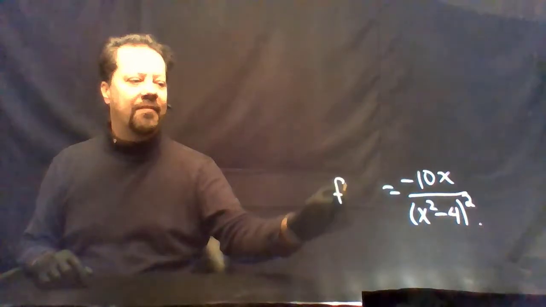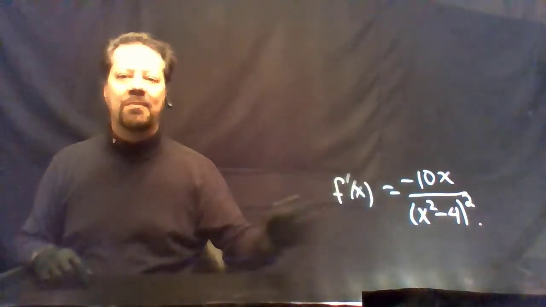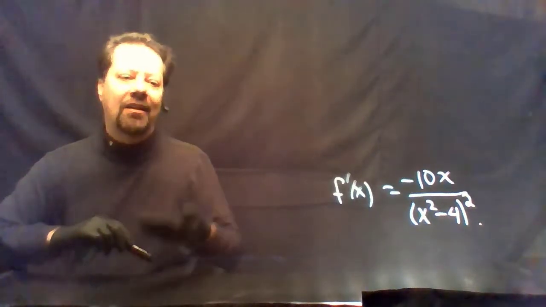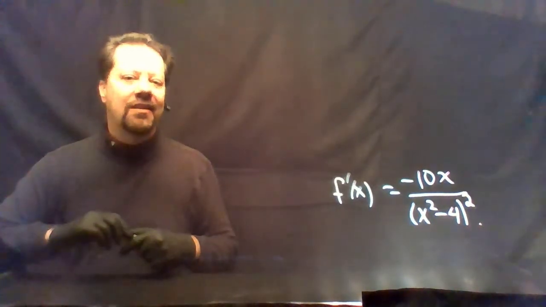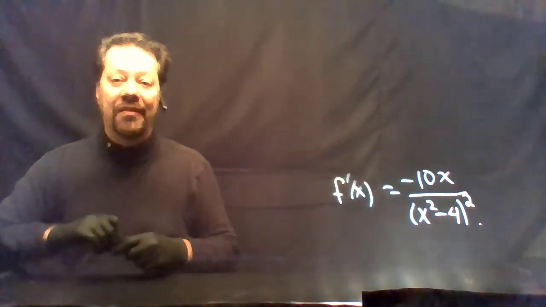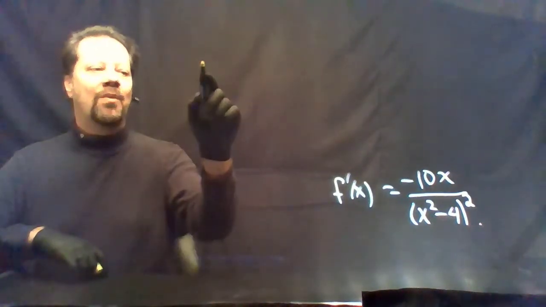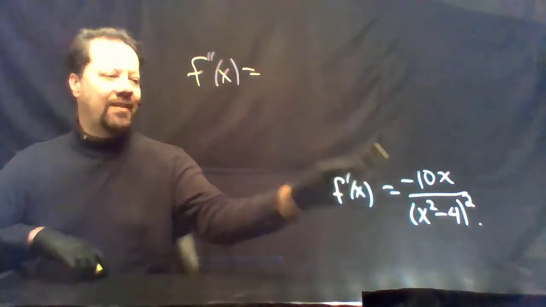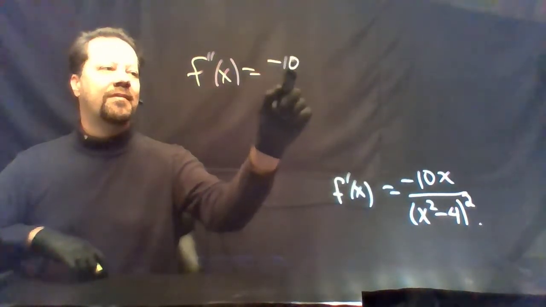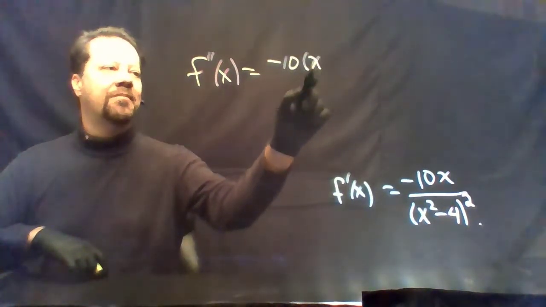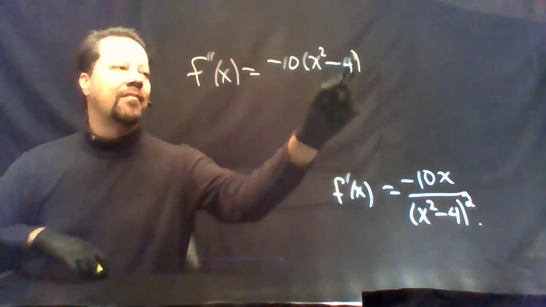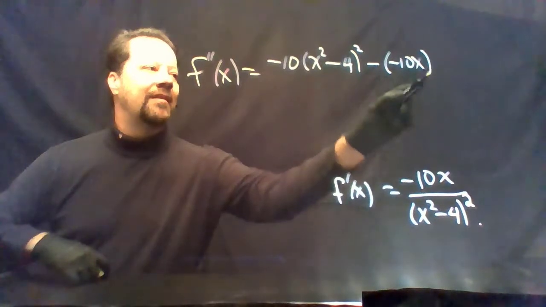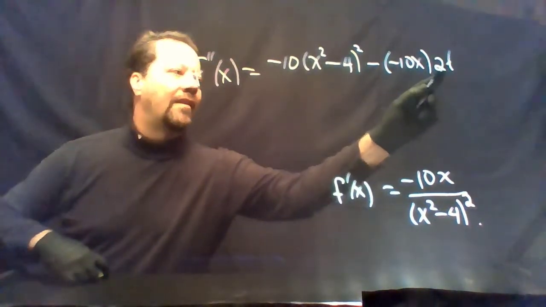We have here f prime of x, but in trying to determine the intervals of concavity, concave up, concave down, we need the second order derivative. We apply the quotient rule again. Derivative of the top times the bottom minus the top times the derivative of the bottom.